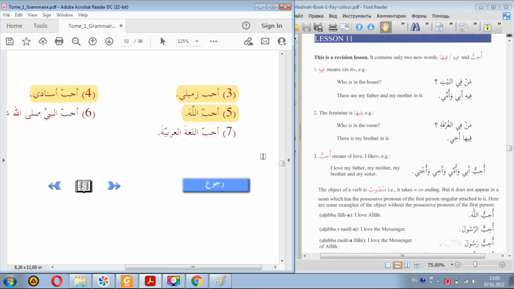Majroor, that has a kasra in the end in 95% of the cases. For example, if it's preceded by a preposition, fi, fil bayti. You remember that? Al bayti has kasra in the end, it's majroor. And here we have mansub, that has fatha in the end.